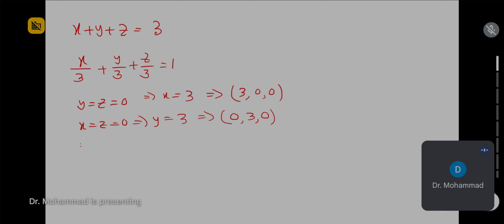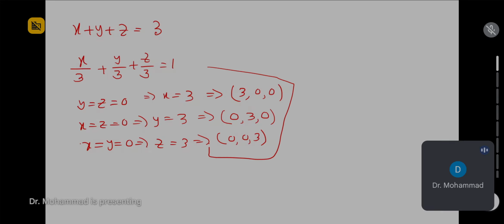If we take x and y 0, then z is 3, and the point is 0, 0, and 3. So we have now the coordinates along the x, y, and z. This is the coordinate along the x-axis. This is the coordinate along the y-axis, and this is the coordinate along the z-axis.